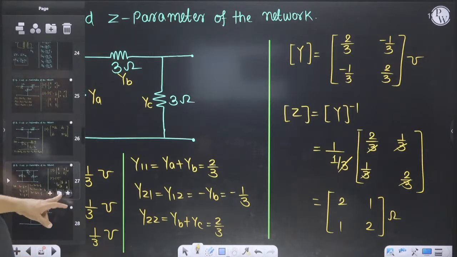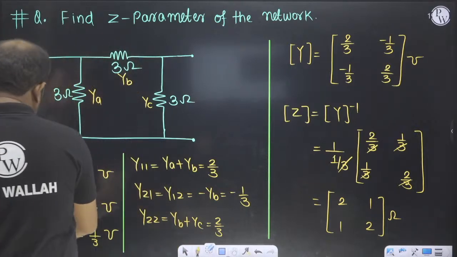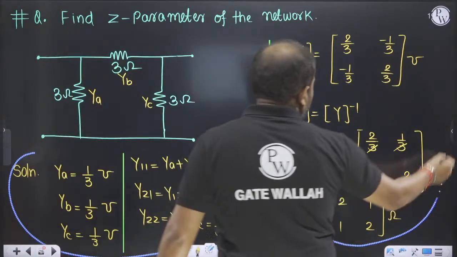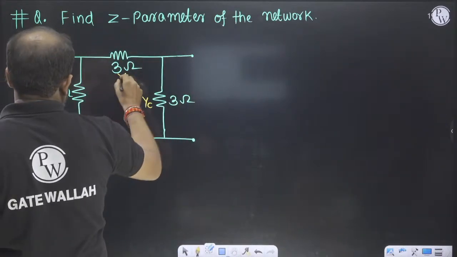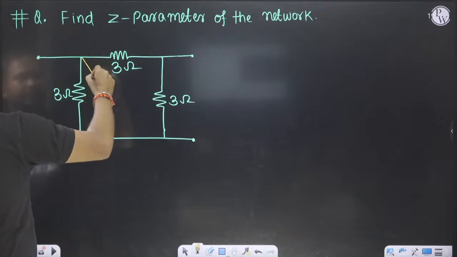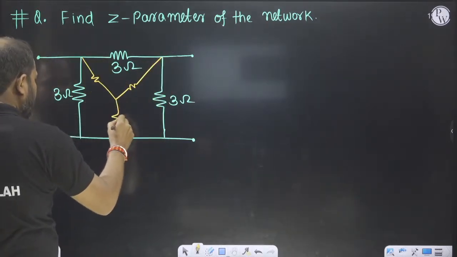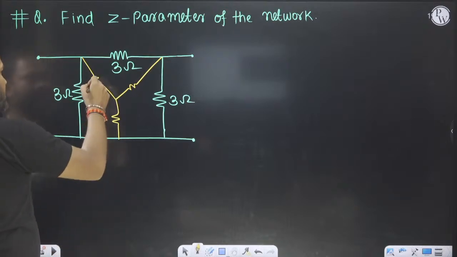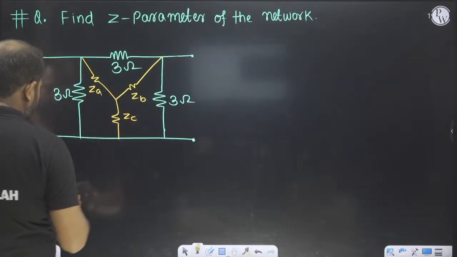Second method is, you can go through the T network concept. So this pi network is converted into T network first of all. So this is our T network. First one is ZA, ZB and ZC.